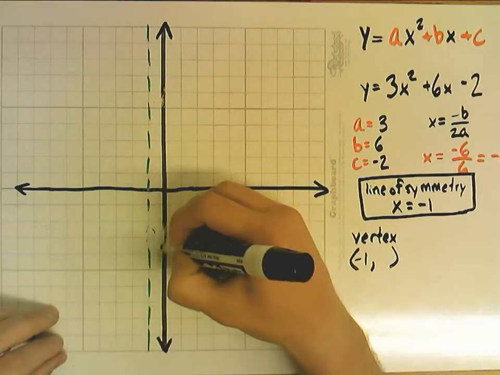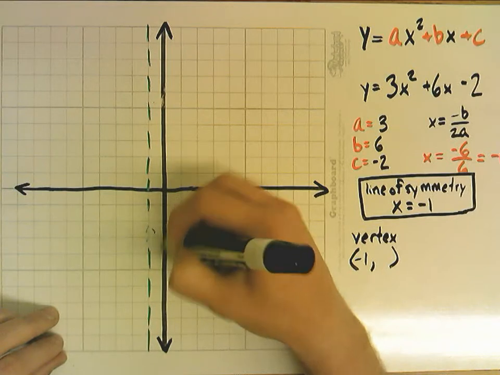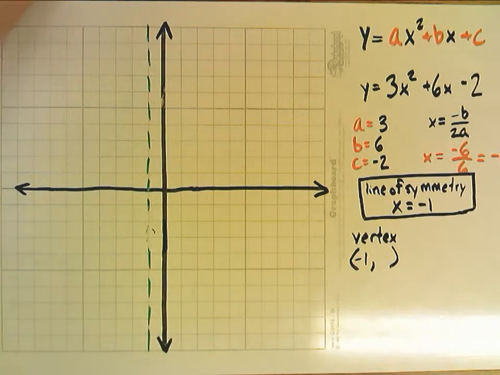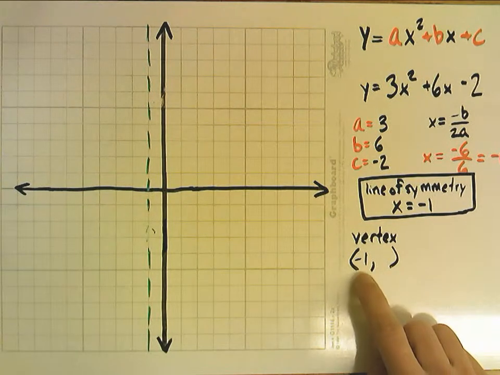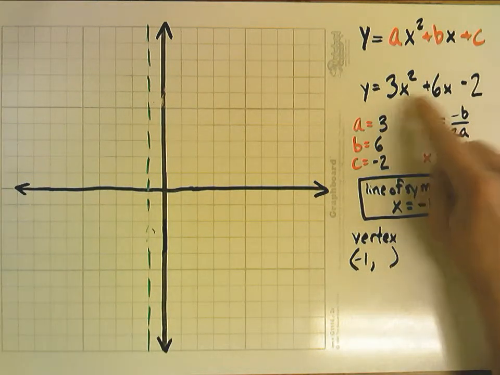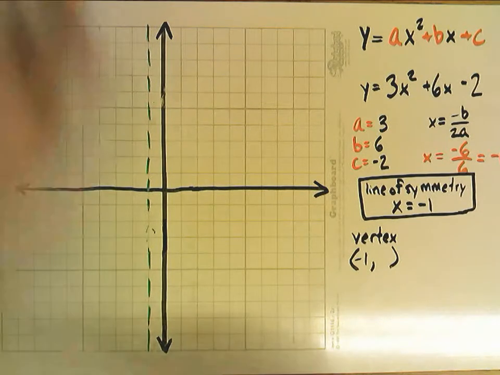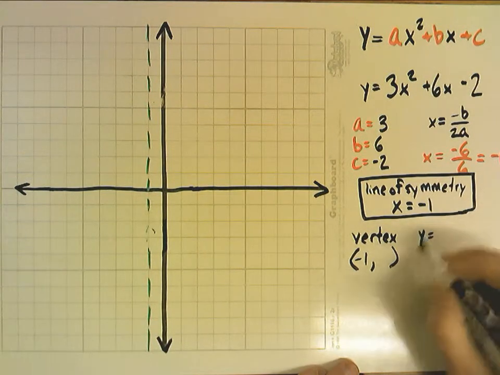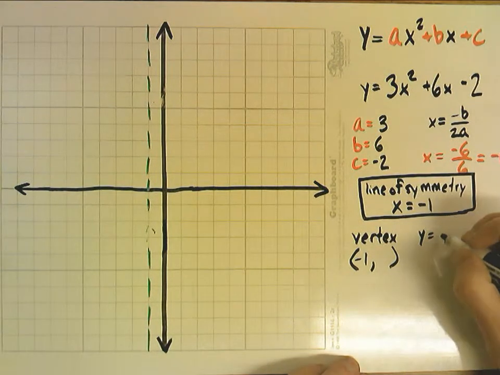The piece of information we know already, that the x value of our vertex is -1, is going to help us. We're going to plug that -1 into our original equation. This is going to help us find our y and finish off our vertex.